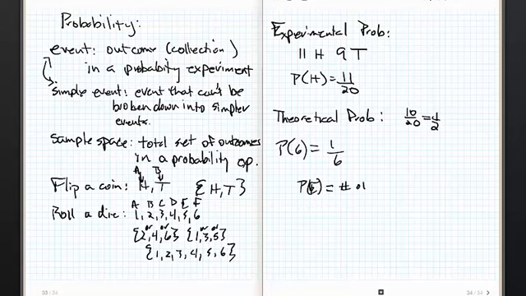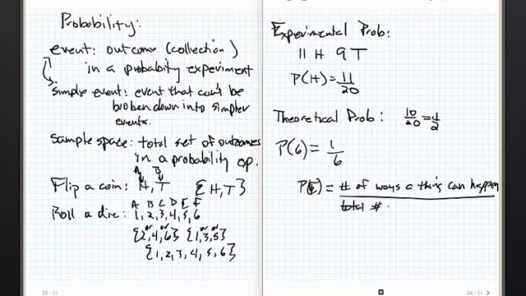It's the number of ways a thing or an outcome can happen divided by the total number of possible outcomes. Again, it's hard to write down by your belly button and not see what you're writing. All right, this is the theoretical probability. Experimental probability is easy. We just do it through observation.